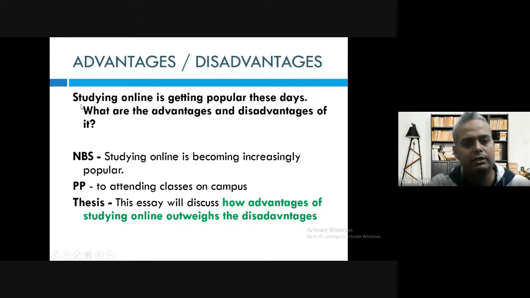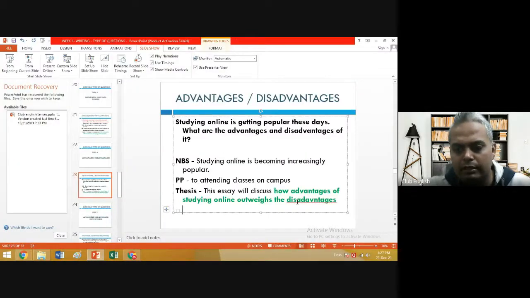Now, the question says, studying online is getting popular these days. What are the advantages? This would be a plain question. You'll be writing a neutral background statement, paraphrasing and thesis. This essay will discuss how advantages of studying online outweigh the disadvantages. No, sorry, this would not be like this. This would be simply written.